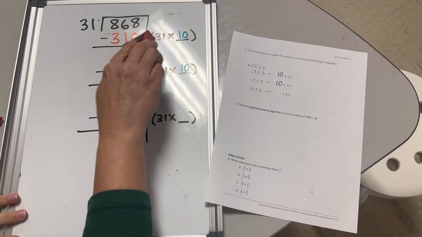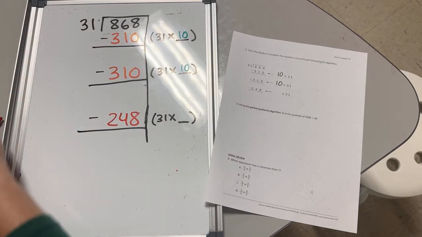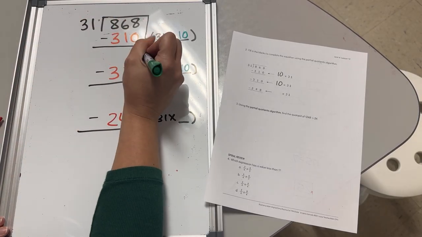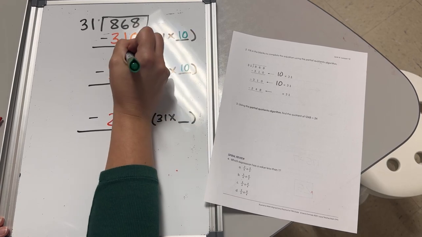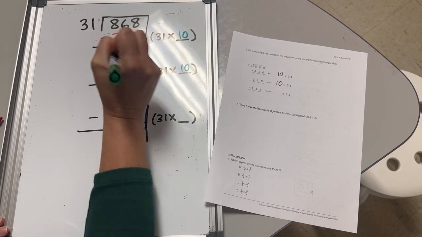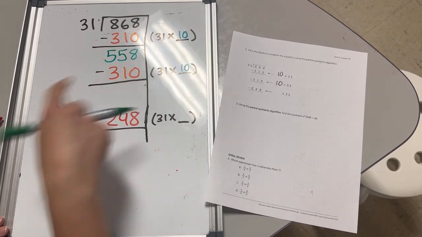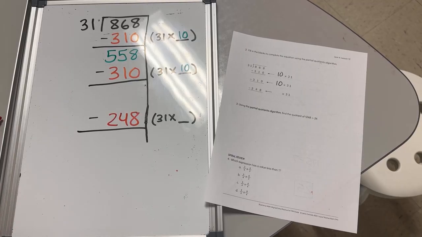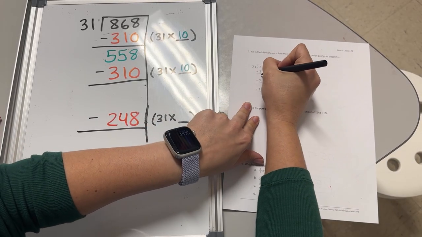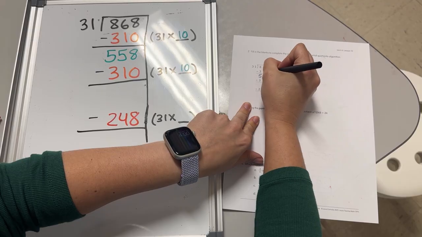Sorry, I'm going to go back and change the color there so that it's a little more obvious to you guys at home what I did. I filled in this blank here, just like I filled in these two blanks on the paper, so 558. I'll fill it in over here on my paper, 558.